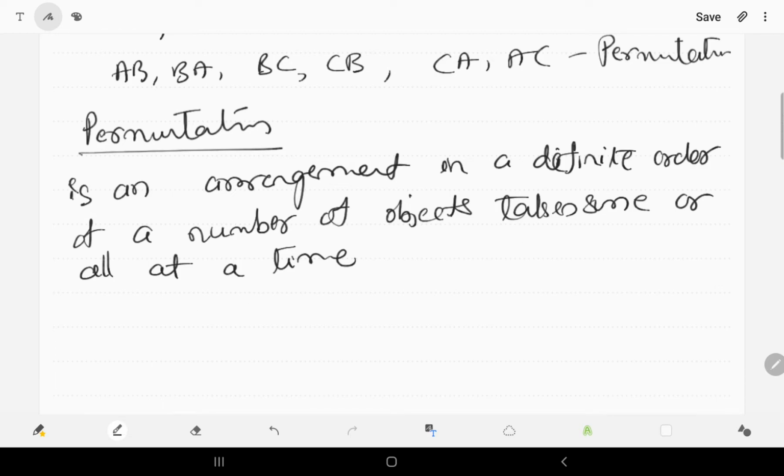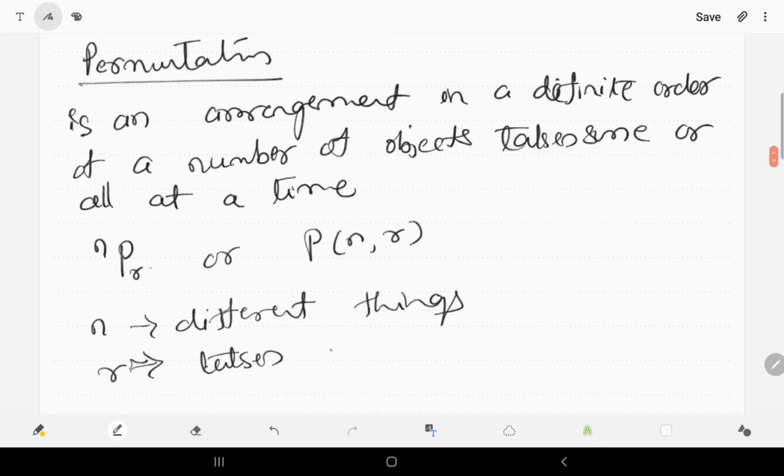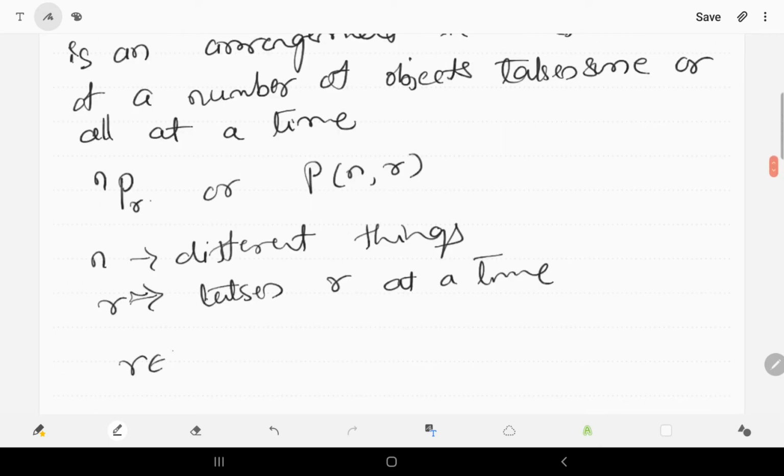We use the symbol nPr, or P of n comma r, to denote the number of permutations of n different things taken r at a time. Here r is a whole number, n is a natural number, and 0 is less than or equal to r, which is less than or equal to n.